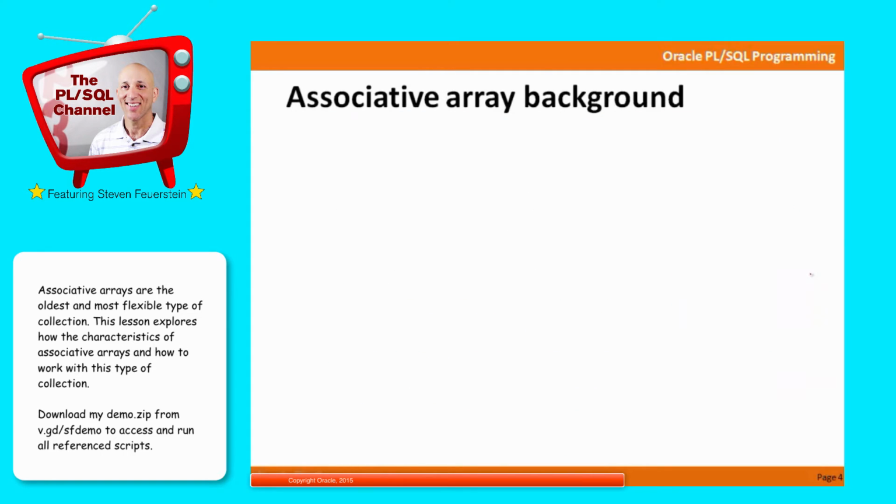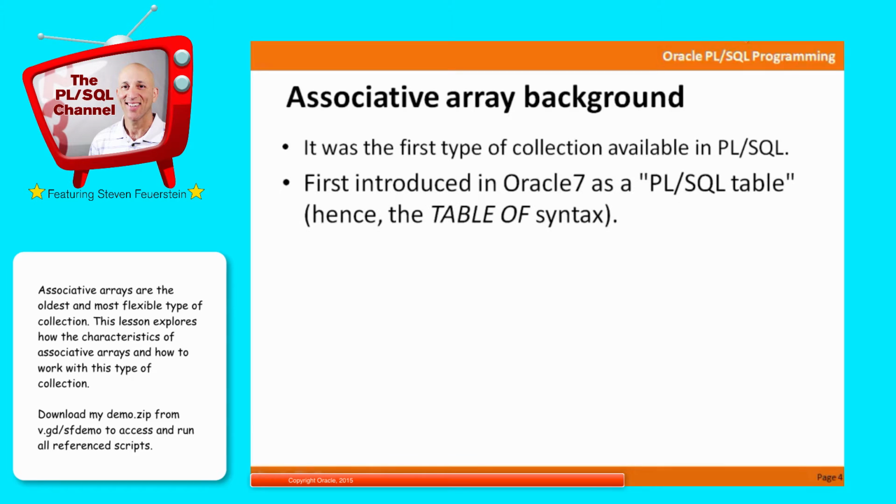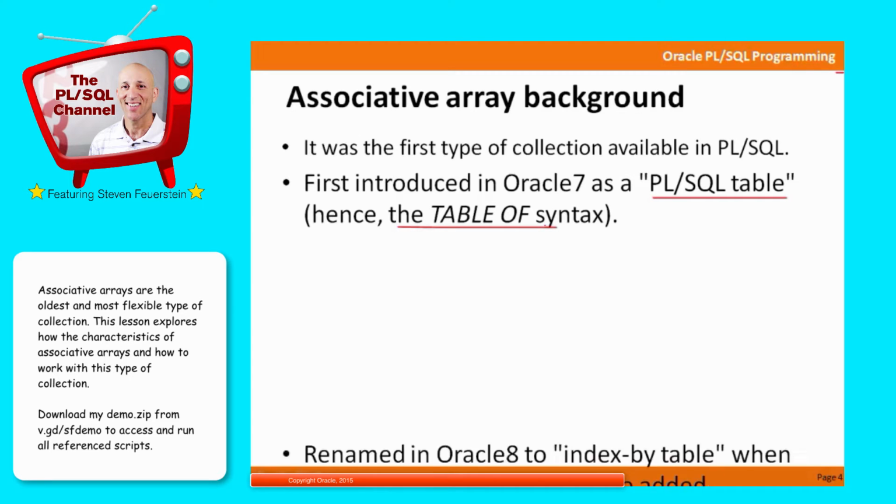A little bit of background on the associative array. It's actually the first type of collection ever introduced into PL/SQL. Way back in Oracle 7, Oracle introduced something called the PL/SQL table. That's why you see in the syntax of the type statement IS TABLE OF. They were actually called PL/SQL tables originally.